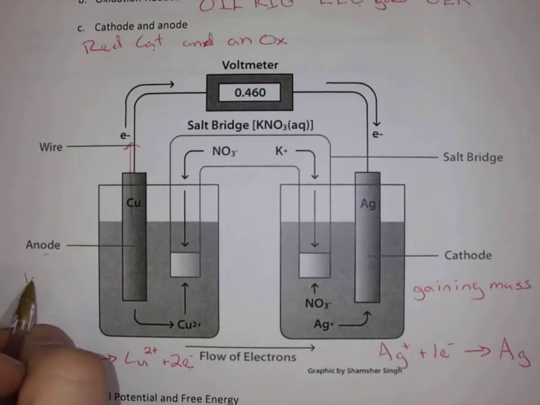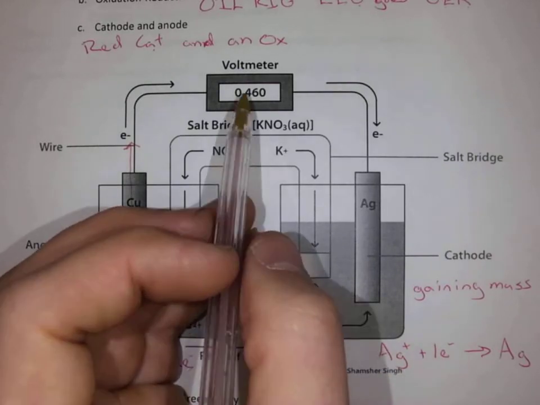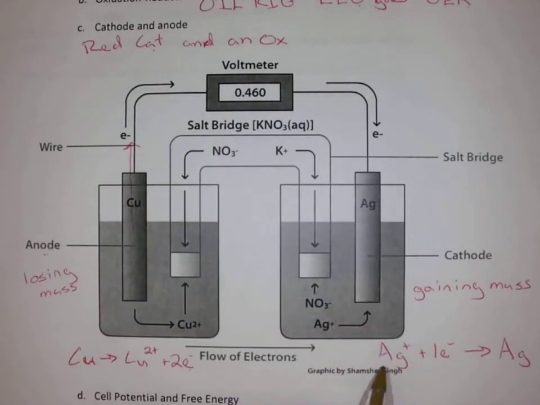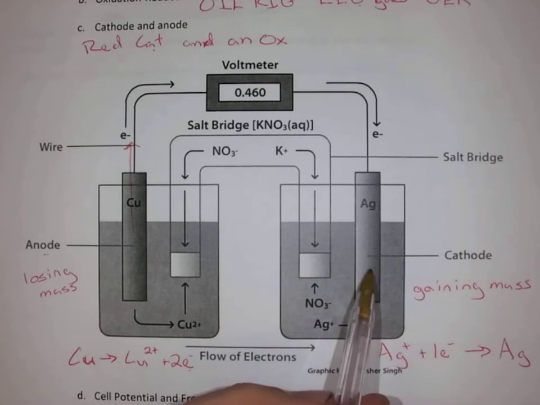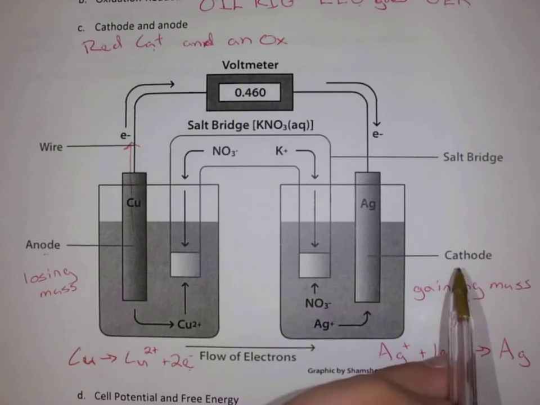At the anode, we are losing mass of the solid. At the cathode, we have an electron coming from the wire and attaching to an Ag+ ion, so we are forming that solid on our cathode. We are gaining electrons, so that is a reduction.